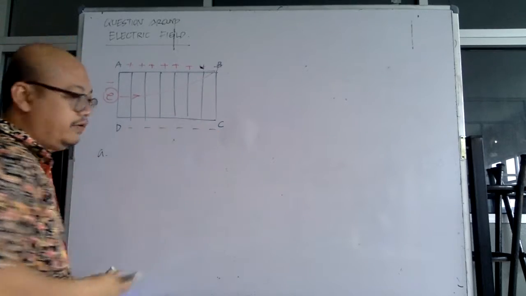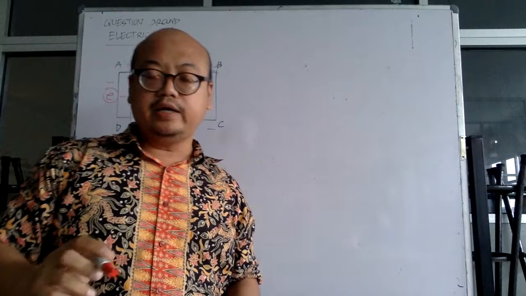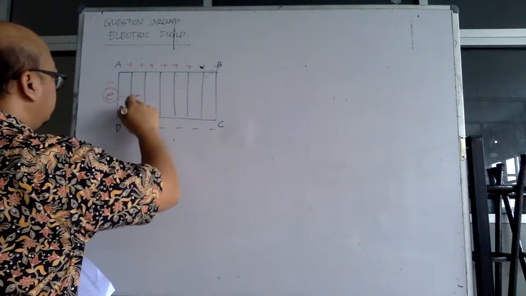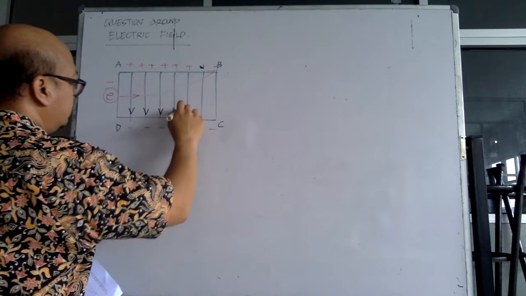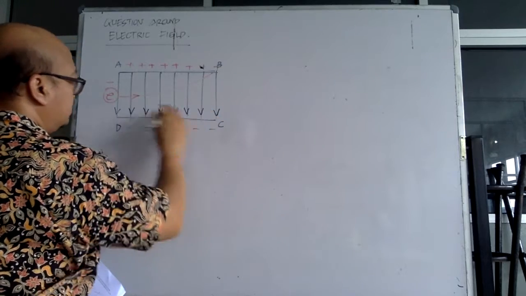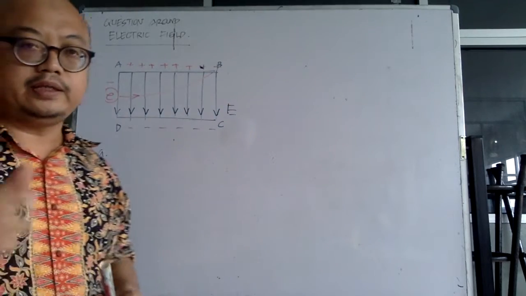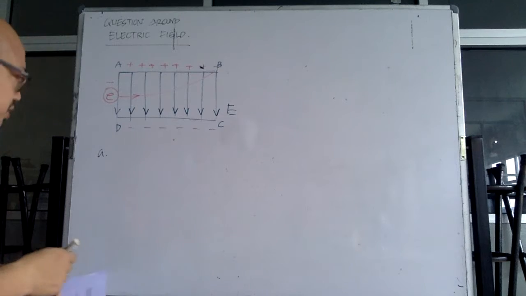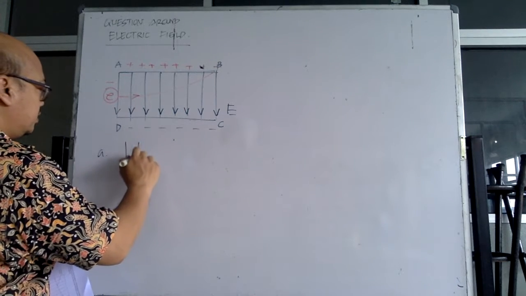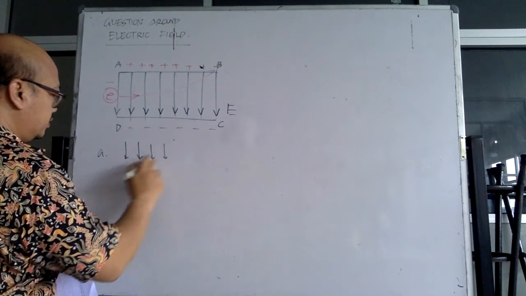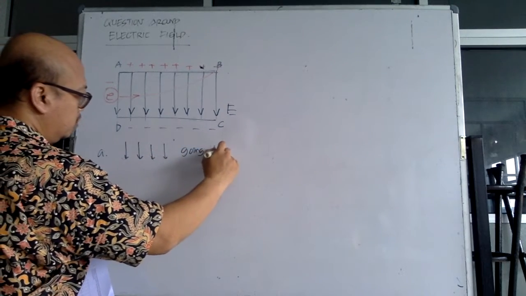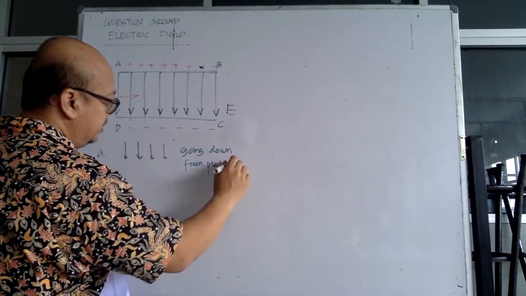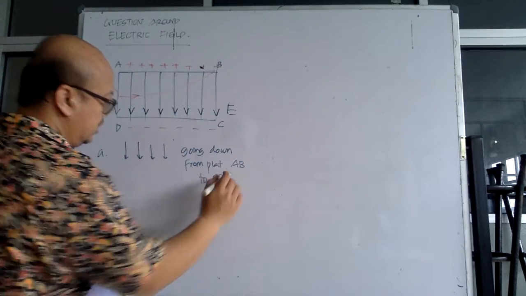And we can consider that the electric field E will be going down, from plate AB to plate CD.